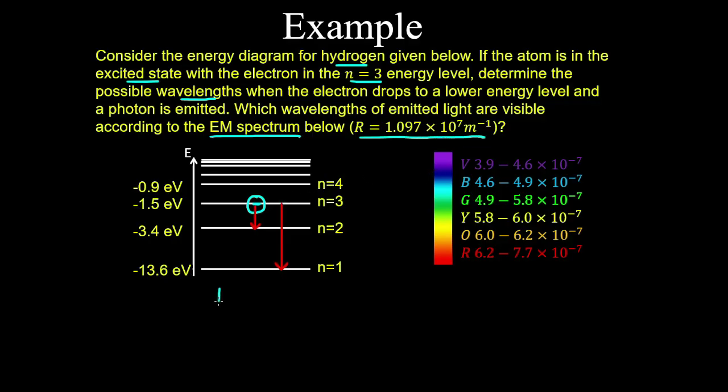So recall the Balmer-Rydberg equation was the reciprocal of the wavelength being equal to minus the Rydberg constant by the reciprocal of the index of the higher energy level squared minus the reciprocal of the index of the lower energy level squared.